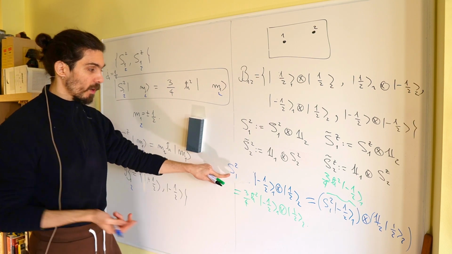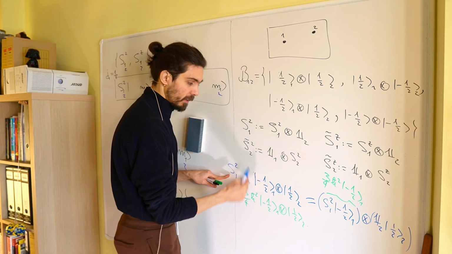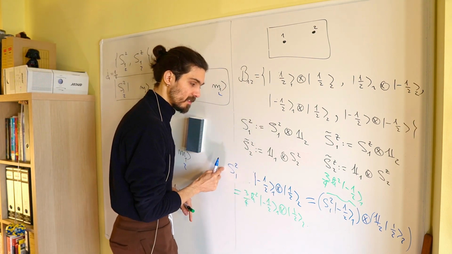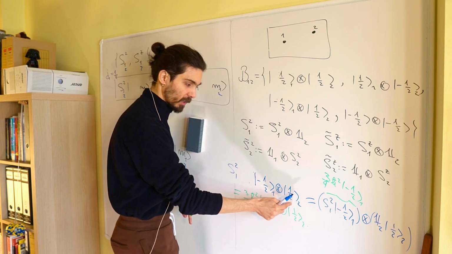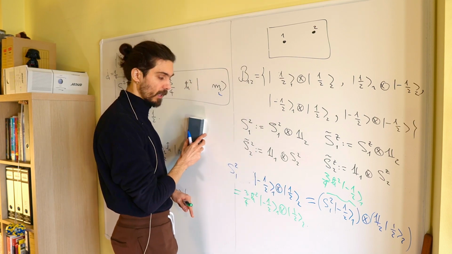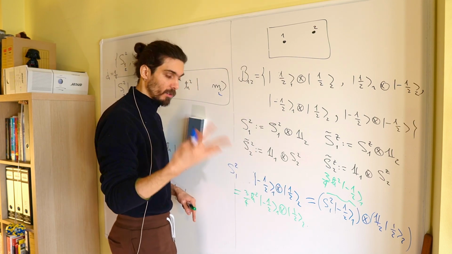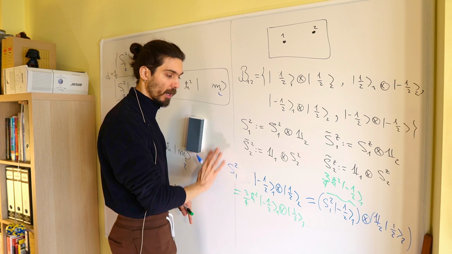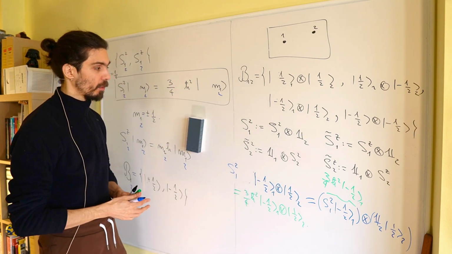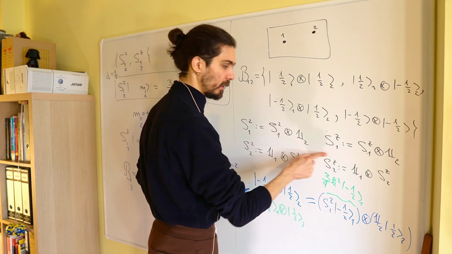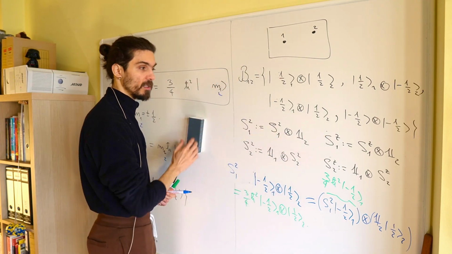This S1 squared, by the context, means that you need to first extend this thing into the tensor product, meaning you need to add the identity for the second one, and then act with it. But I'm not going to repeat this all the time. I'm just going to write S1 squared and then the cat that I need to act on from now on. So I'm going to just suppress these things, and you should understand what this thing is supposed to mean.